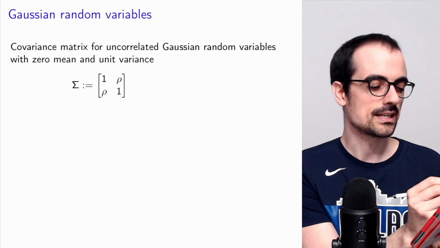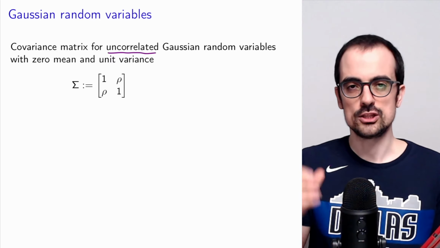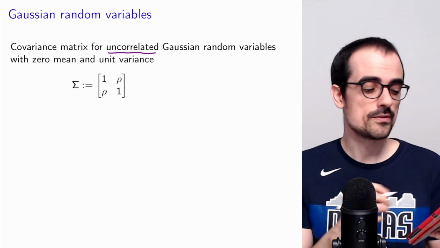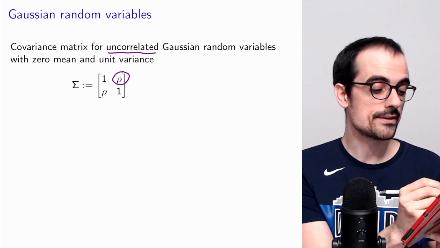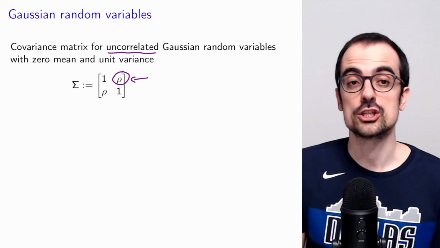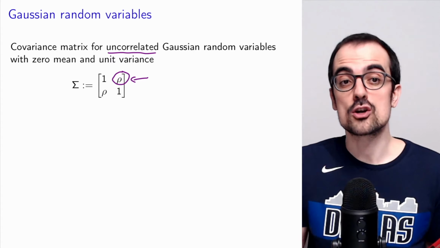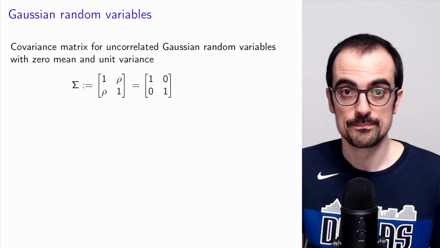And we're going to say that the Gaussian random variables are uncorrelated. What does this mean in terms of the parameters of the Gaussian distribution? We saw in the previous video that the off-diagonal of the covariance matrix contains the correlation coefficient between the two Gaussian random variables. So if they are uncorrelated, that off-diagonal is going to be equal to zero.